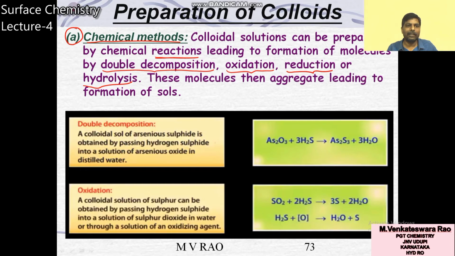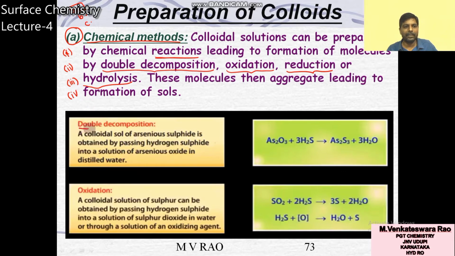Already told, there are three methods of preparation. A, B, C. A is the chemical method. In A, again 4 sub methods are there. 1, 2, 3, 4. What is the first one?